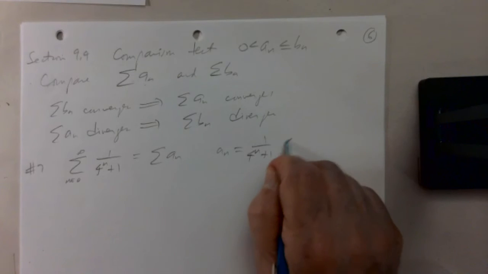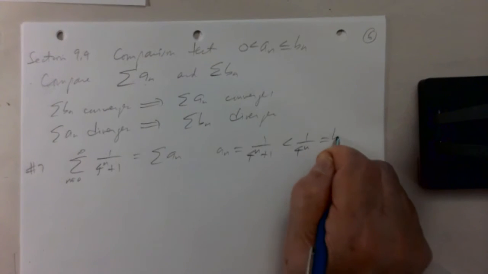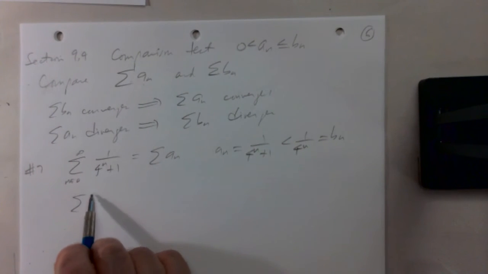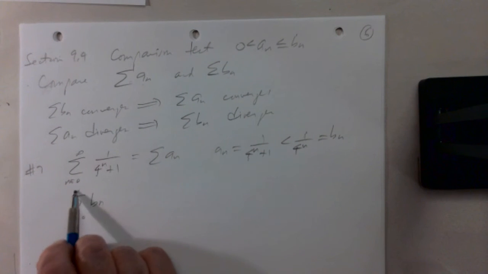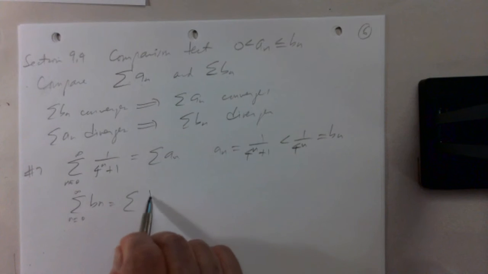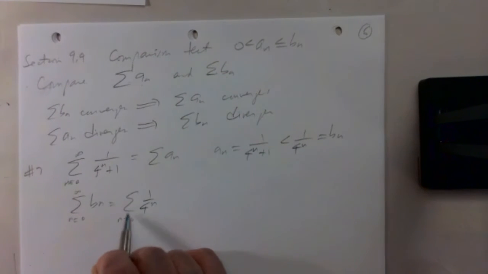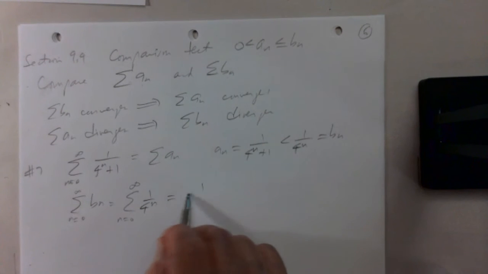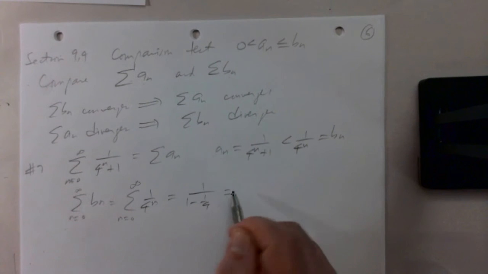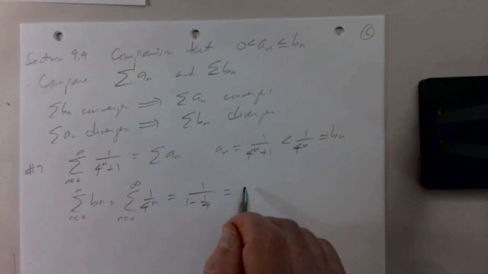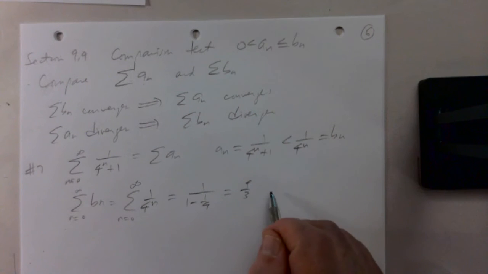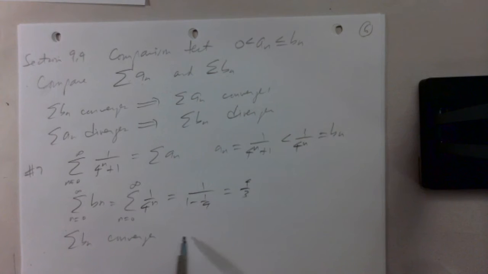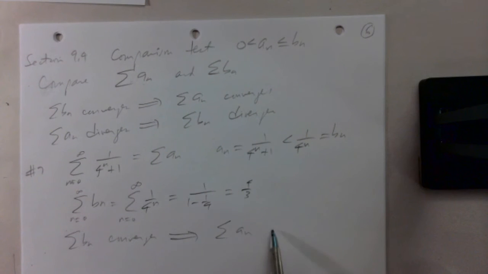A slightly bigger number is just 1 over 4 to the n. I'll call that bn. And what can we say about summation bn, which is summation 1 over 4 to the n? Well, this is a geometric progression. This converges, in fact, to 1 over 1 minus a fourth, which is 4/3. So summation bn converges, which implies summation an converges.